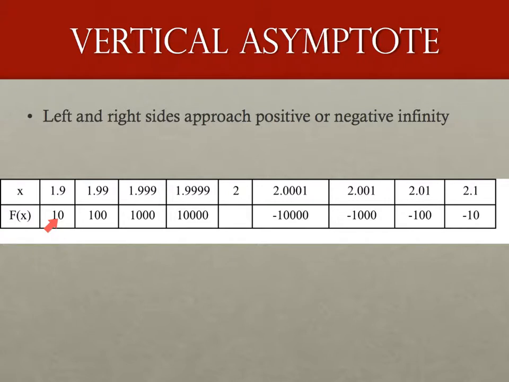All right, still approaching 2. So now let's look at our output values: 10, 100, 1,000, 10,000. If we follow that pattern, we can assume that we'll have 100,000, a million, 10 million, and so on. So it appears that in this case, the limit as x approaches 2 from the left of this function is heading towards infinity. Looking at the right side, negative 10, negative 100, negative 1,000, negative 10,000, negative 100,000, and so forth.